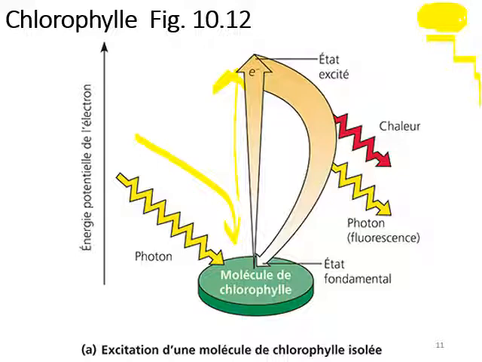As the electron descends the steps, it releases energy. Here is the electron. As it descends, it releases energy. This energy is used for the photosynthetic reaction that produces sugar.